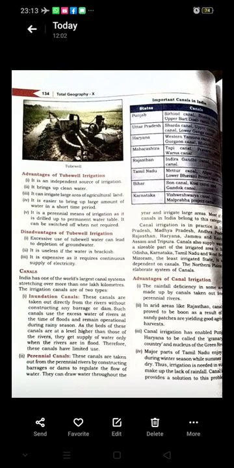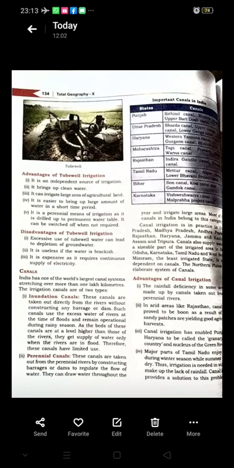Okay, now the advantages of perennial canals. These canals serve throughout the year. Cultivation of some crops can be carried out throughout the year, because there is ample amount of water.